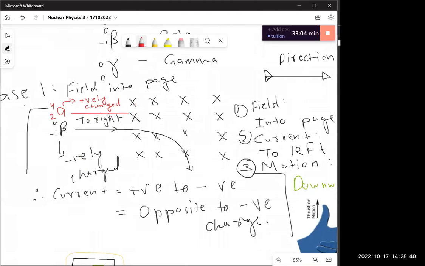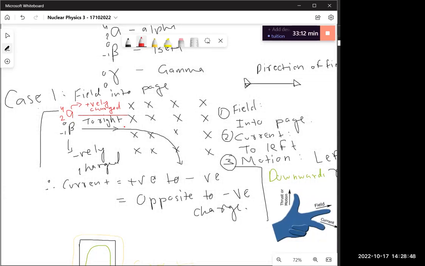So the current is positive, to the right. Isn't it to the left because beta was negatively charged and it was to the right?